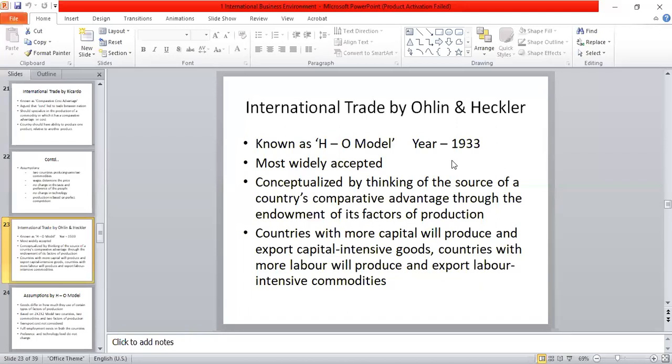Remember, there are four factors of production. Can you recollect what those are? Land, correct. Land is number one. Number two, labor, entrepreneurship and capital. So these four factors of production are focused on by Heckscher and Ohlin.